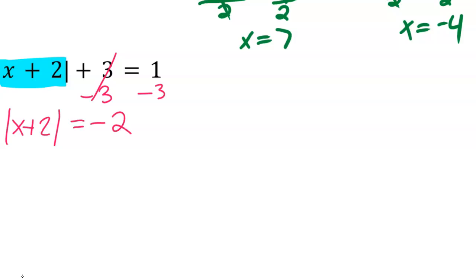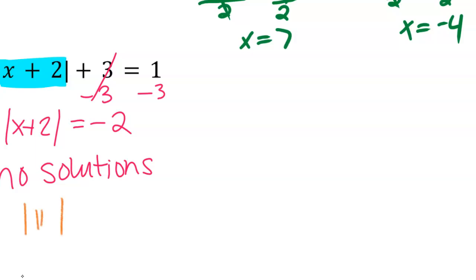Looking at this, we have an absolute value equal to a negative number. How many solutions do we have if it's equal to a negative number? 0, good. So just right here, we have no solution. And as a reminder, if we have the absolute value of some number equal to a negative number, this is no solution.